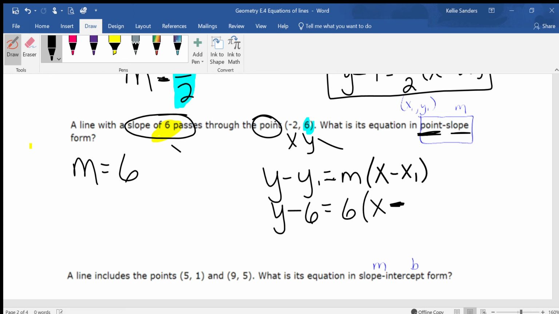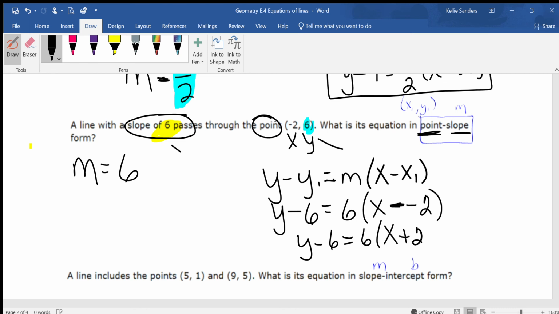It's always minus, but what is our x? Negative 2. We're not going to leave a negative and a negative right next to each other. So y minus 6 equals 6x. And what's a negative and a negative? A positive. There you go. That's it on that one.